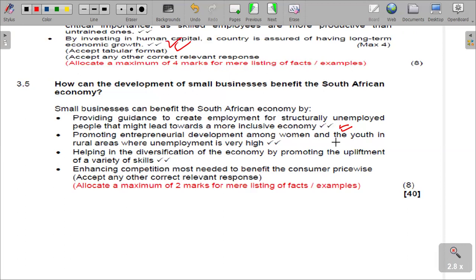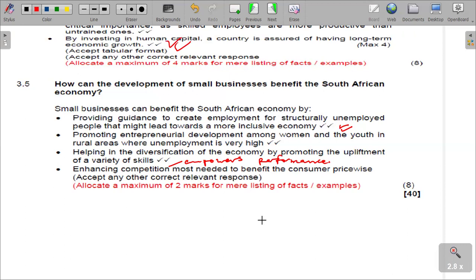Competition must be there, which nullifies monopolization of businesses or markets. Competition also empowers business performance. That is one good advantage that we also need to look at there.